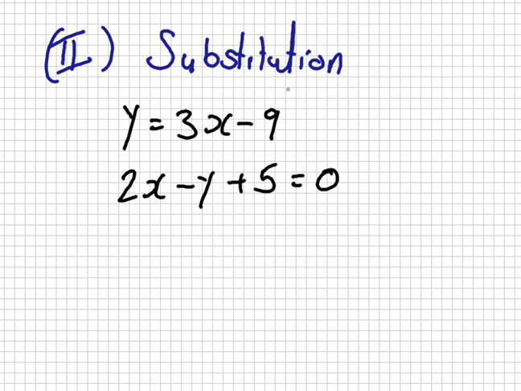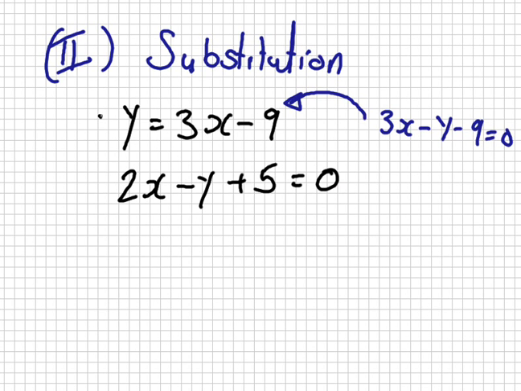So the idea with the substitution method is for the first equation, you know that y equals 3x minus 9. And even if you didn't, even if I wrote it like this, 3x minus y minus 9 equals 0, you can see it's not difficult to rearrange it into this.